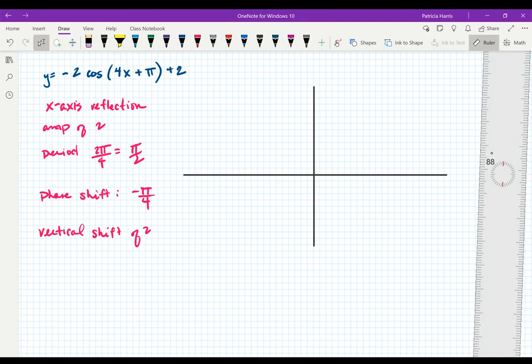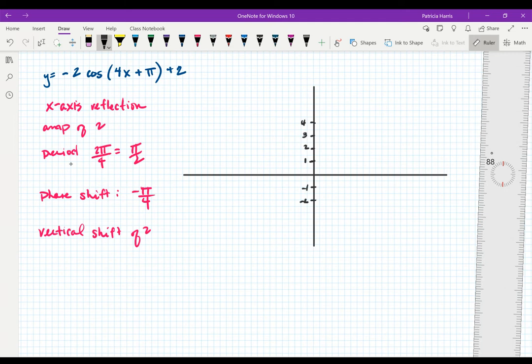All right. So I'm going to mark out my amplitude and my period. So let's see. Let's do 1, 2. Now I'm going to move everybody up 2. So if I move everybody up 2, the highest I should go is 4, yes?